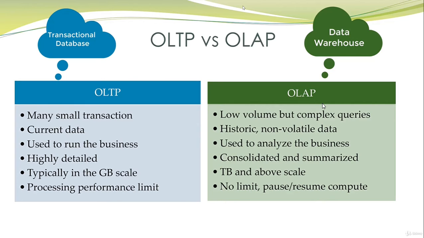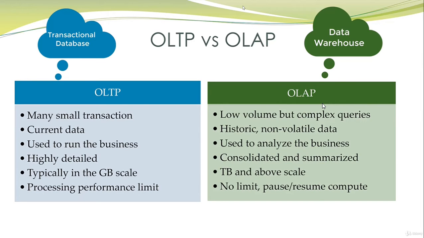Whereas in the data warehouse, it's been summarized, it's been consolidated. When we talk about an OLTP database, it's generally of gigabyte scale or maybe some terabytes. But when we talk about a data warehouse, it's going to be terabytes or petabytes of data. Nowadays, we generally think of a near infinite scale of system.